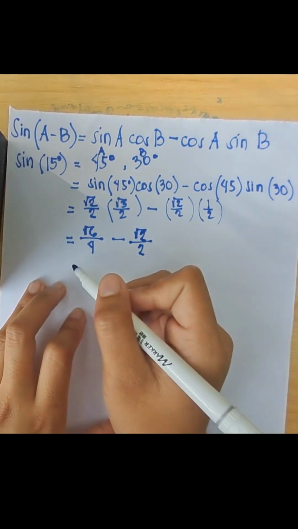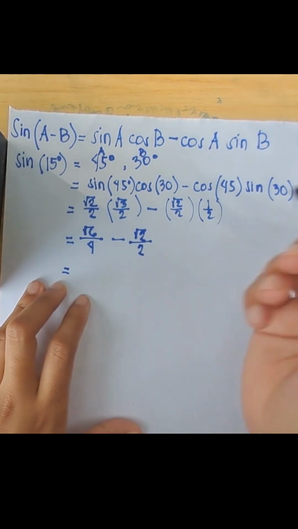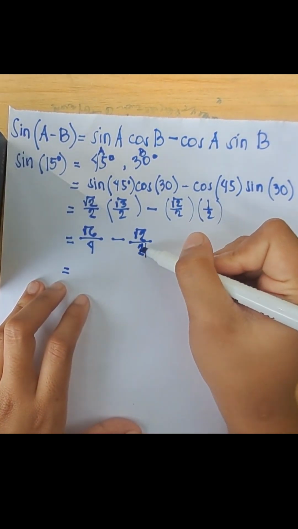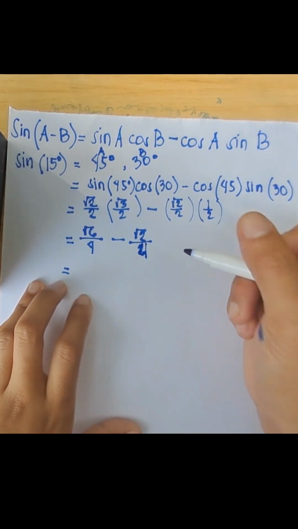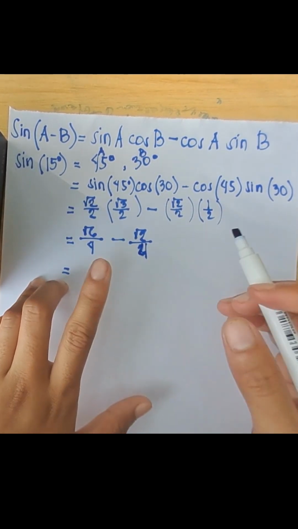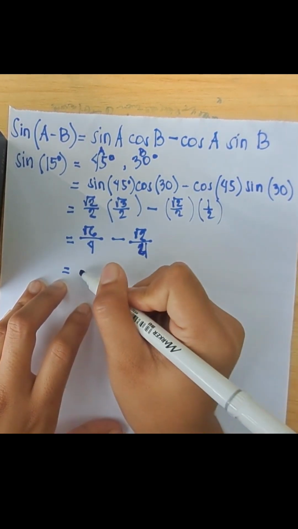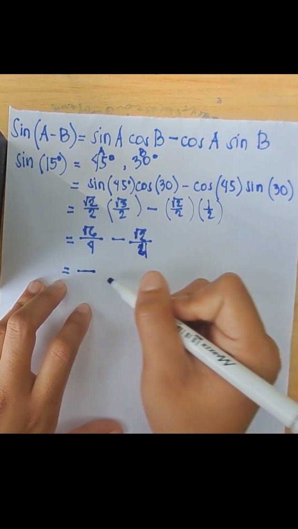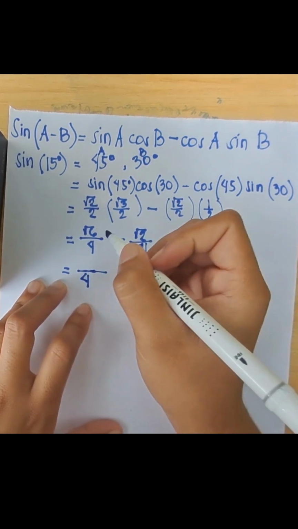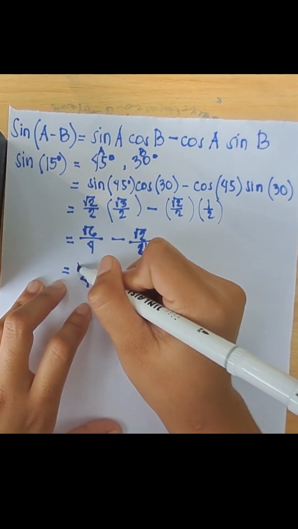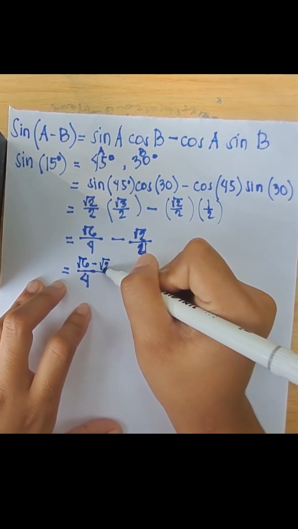So the last step is to simplify the factors. This is 4 since we have 2 times 2, sorry for that. Since we have the same denominator, we just copy that. So we have the root 6 minus root 2.